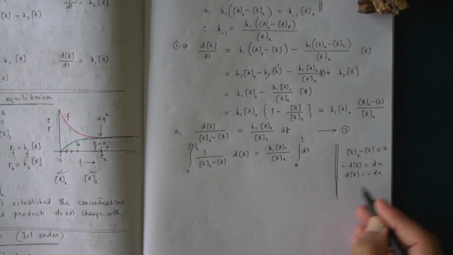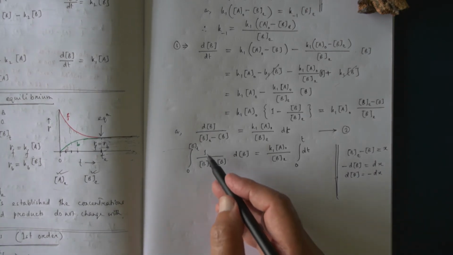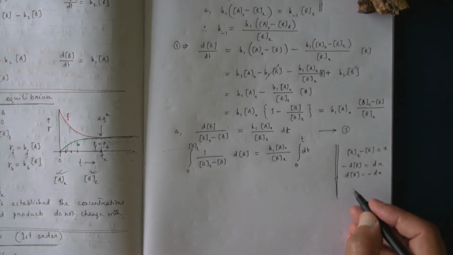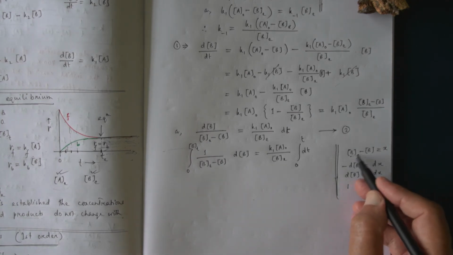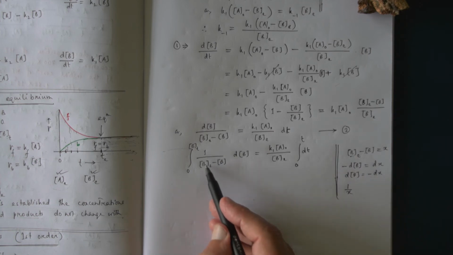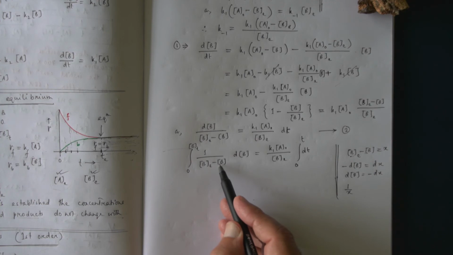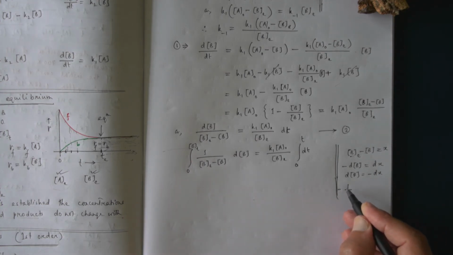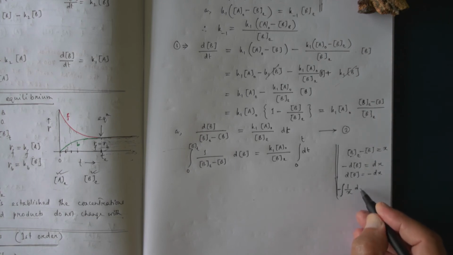Then this integration, this is equal to x, so 1 by x db equal to minus integration 1 by x dx.